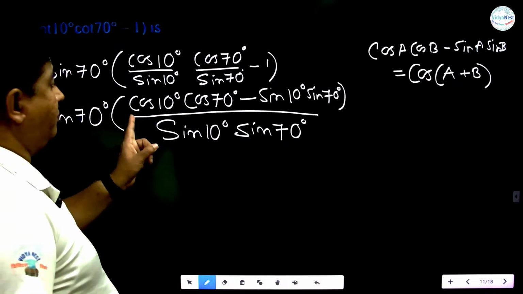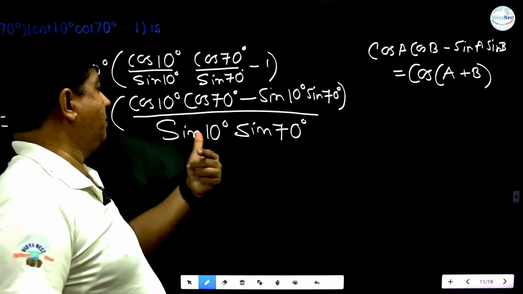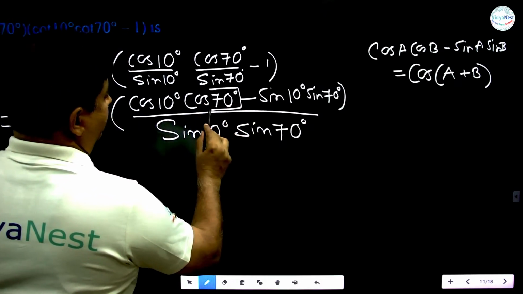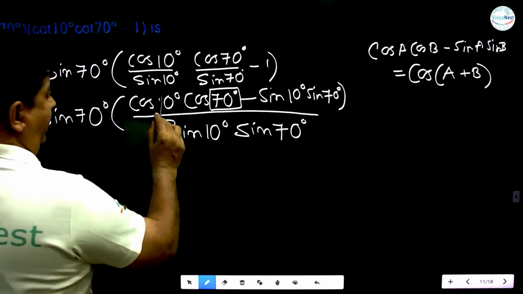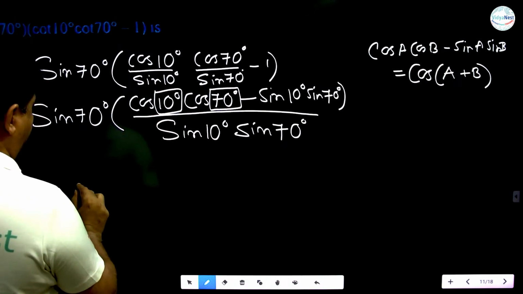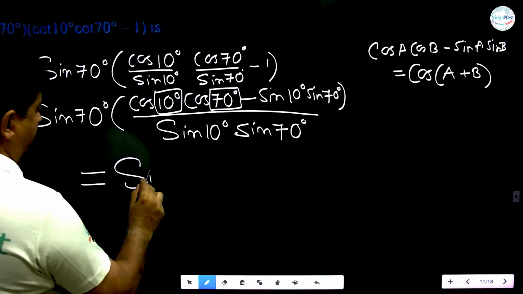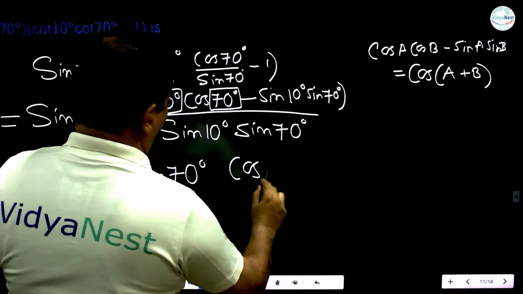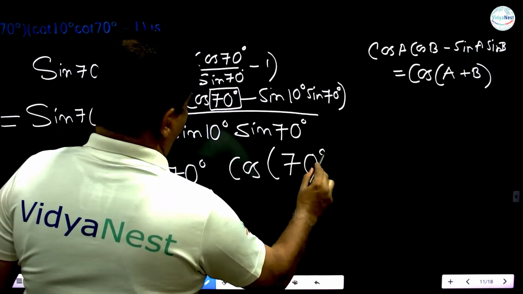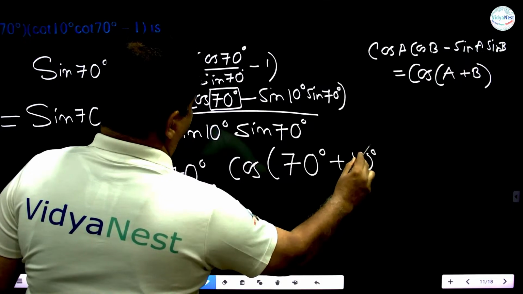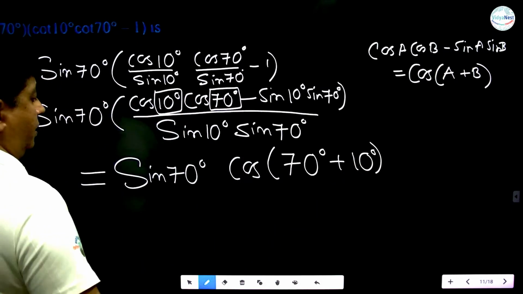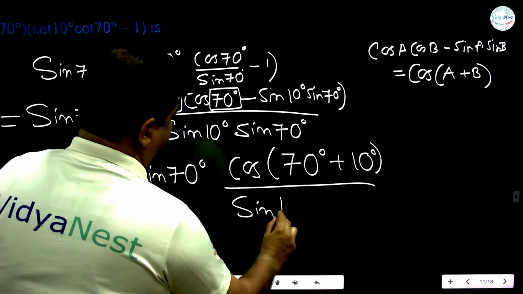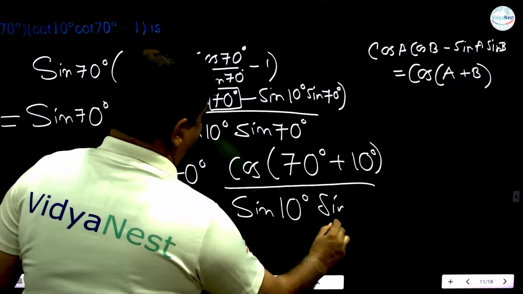So here that thing will be applicable. Cos A cos B minus sin A sin B. Obviously the bigger angle will be considered as A, smaller as B. So you write cos A plus B, and denominator sin 10 sin 70.